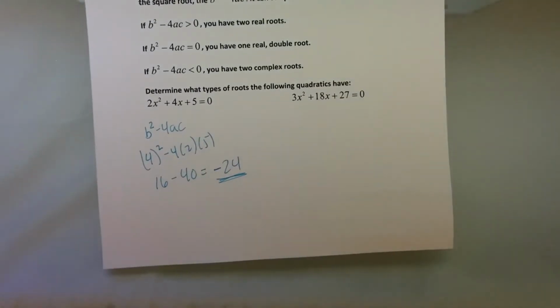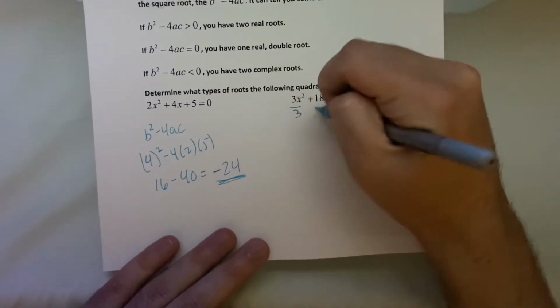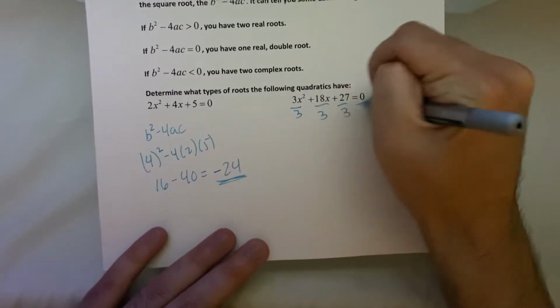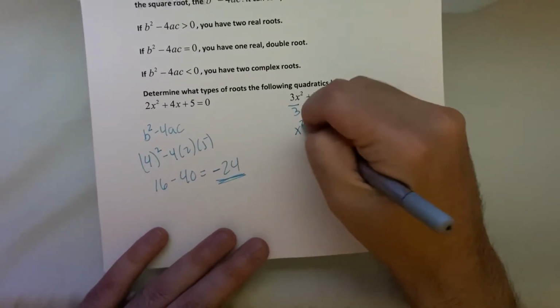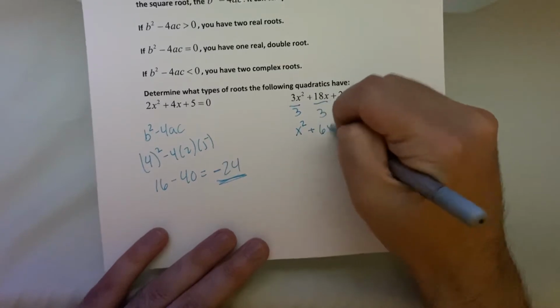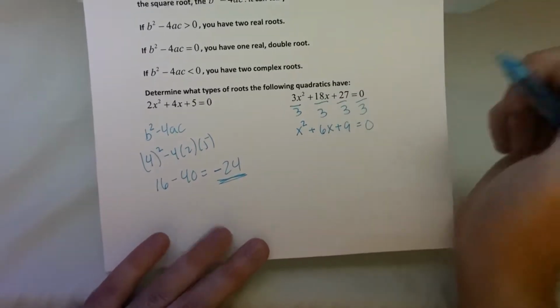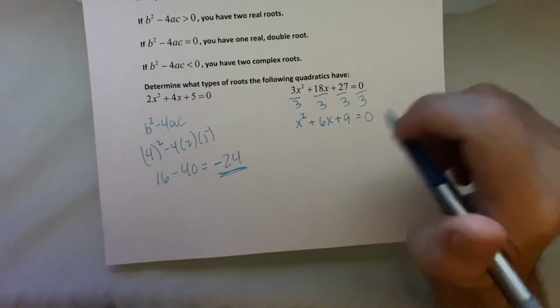So let's look at 3x squared plus 18x plus 27. Now, my suggestion to you is you can use the b squared minus 4ac on this, but if you can divide everything by 3 to make your life easier, go ahead. It won't change the kind of roots you have if you divide by a constant.